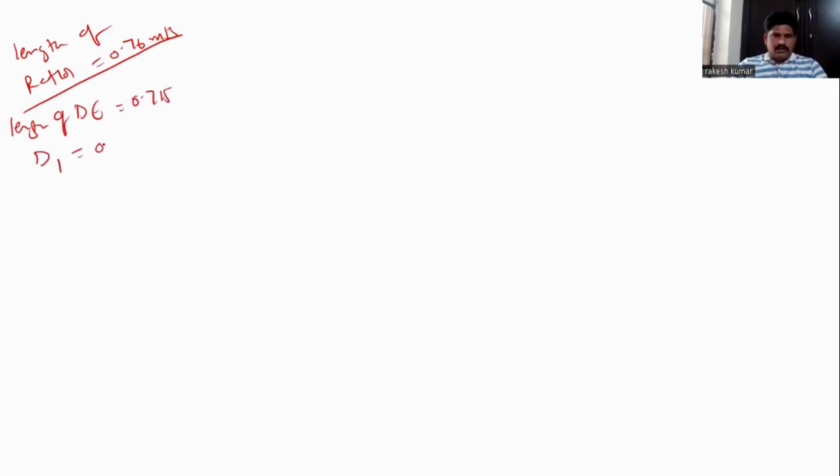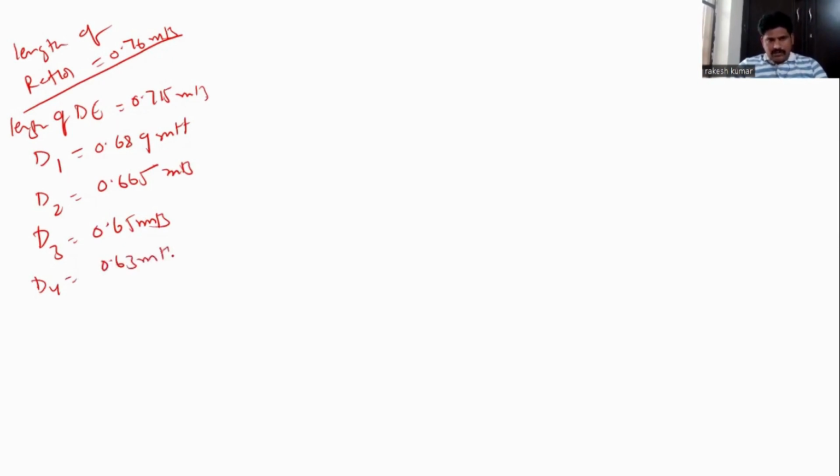Director D1 is equal to 0.689. D2 is equal to 0.665 meters. All are in meters. D3 is equal to 0.65 meters. D4 is equal to 0.63 meters.